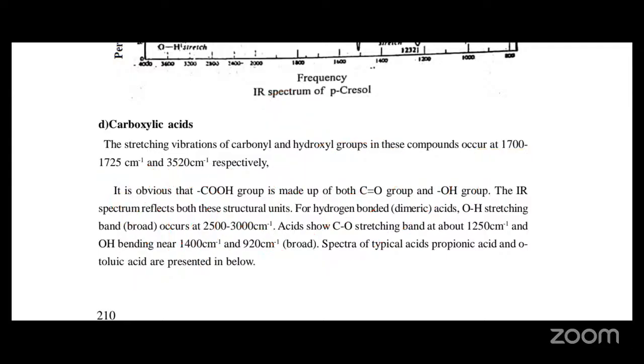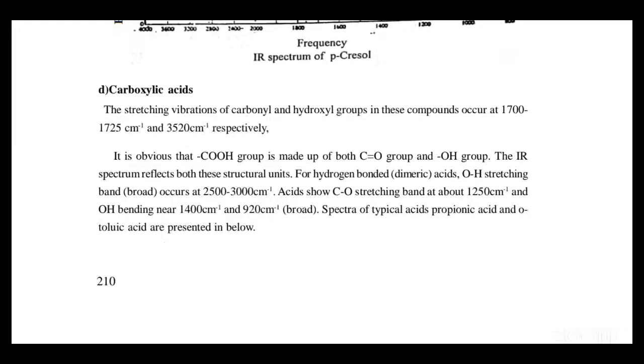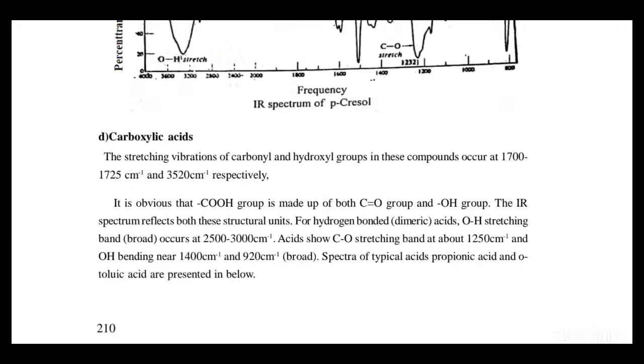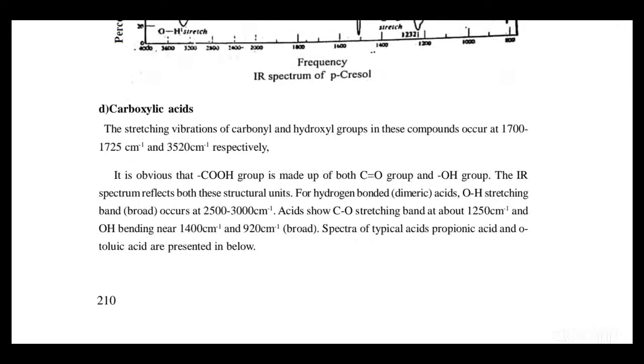So there are two characteristic absorption frequencies in carboxylic acids here. And the OH stretching frequency is broad, right? Because it is involved in hydrogen bonding. So it will be observed between 2500 to 3000. Right?